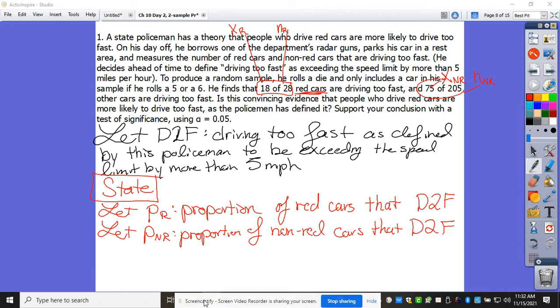So, in this problem, let's go ahead and start here. What's our null hypothesis? Does it matter which one I put first? No, so I'm just going to go with the way I wrote it down because of the way the problem is. So then write what?